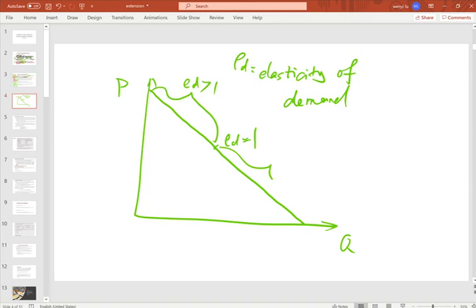And this part, elasticity of demand is less than 1. So be careful. Based on our previous analysis, we're assuming that when the price of domestic goods goes down, your export will go up.